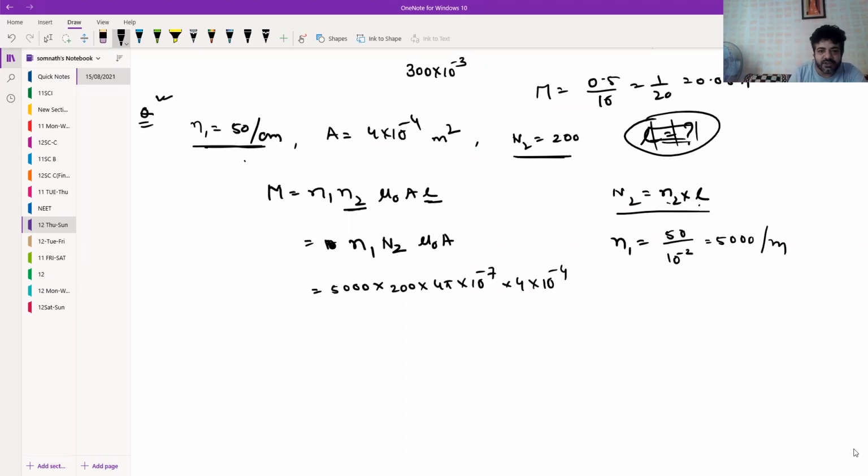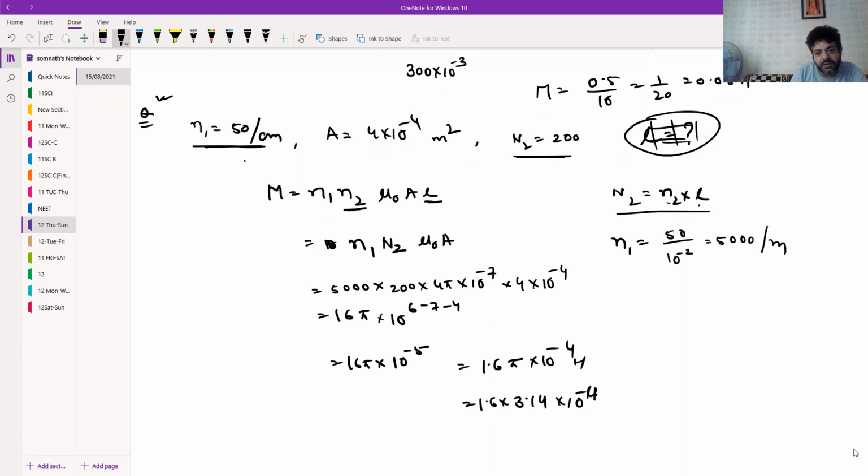And we have 16 pi into 10 to the power minus 5, that is 1.65 into 10 to the power minus 4 Henry. You can write it as 1.6 into 3.14 into 10 to the power minus 4 Henry also, but this one is also right. Okay, everyone?